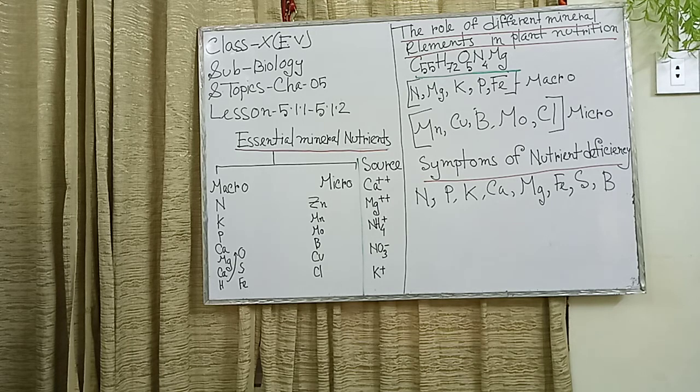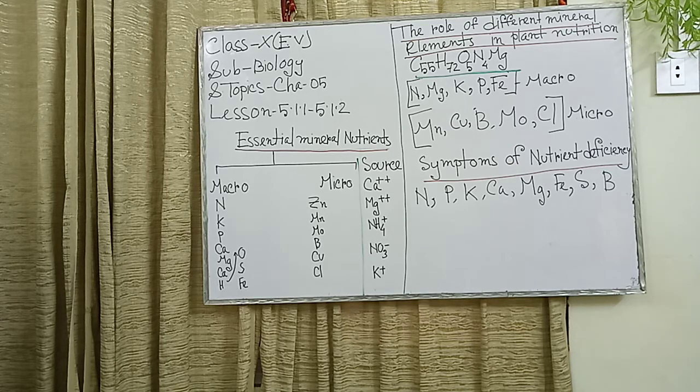It causes yellowing of young leaves starting between the leaf veins, resulting in chlorosis. Next, sulfur. Sulfur not only serves as a structural component of protein, hormones and vitamins, but also maintains the balance of water in the cell. Leaves show general chlorosis and reddish and purple spots appear on them.